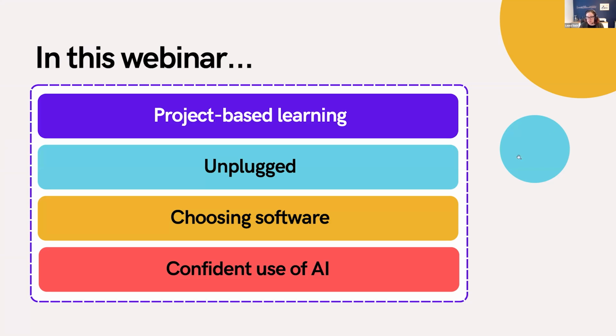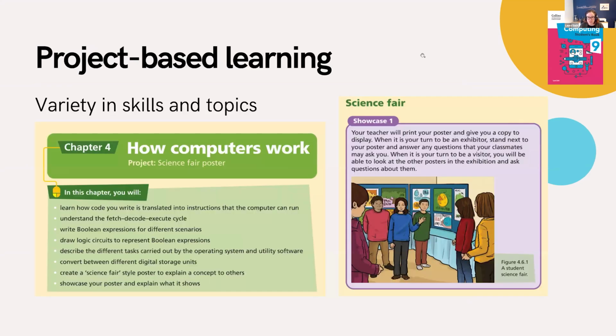So let's get started. So project-based learning is the first thing that I wanted to talk about. I'm sure most people have got a good idea of what project-based learning is, but in case anyone's sitting there going, what is project-based learning? Basically, it's combining lots of different learning objectives, possibly from different topics and different areas, into a larger project.